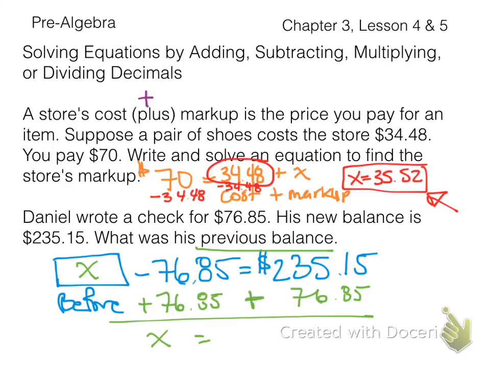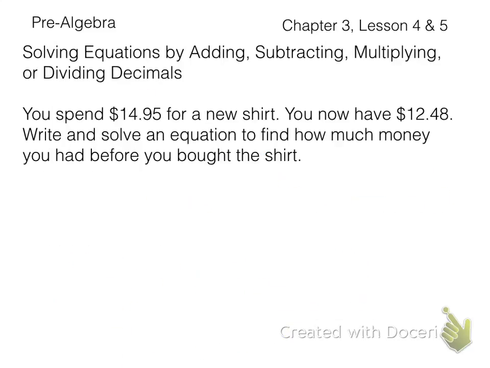If we're adding on one side, we have to add on the other side, which is going to give us $312. So that's how much he had in his account before he wrote the $76.85 check.